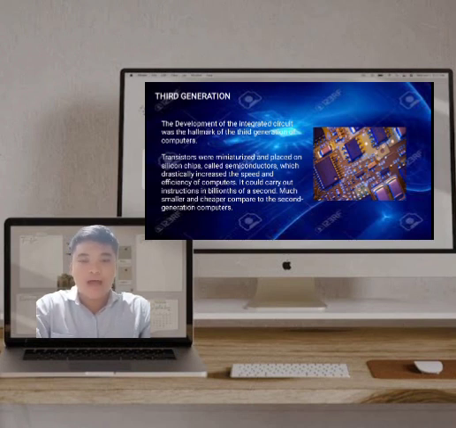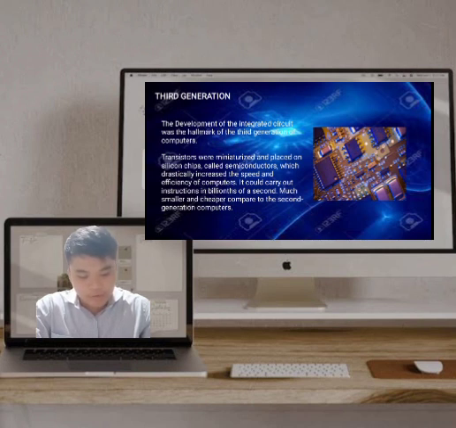This is called IC or integrated circuit. Development of IC was the hallmark of the third generation of computers. Transistors were miniaturized and placed on silicon chips called semiconductors, which drastically increased the speed and efficiency of computers.